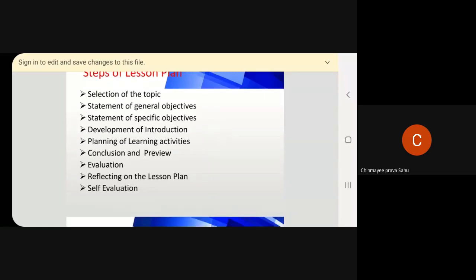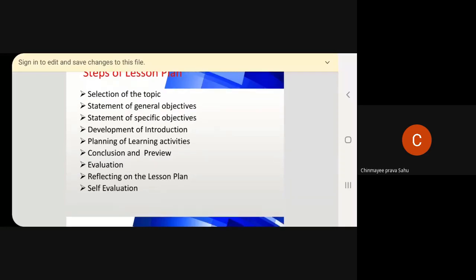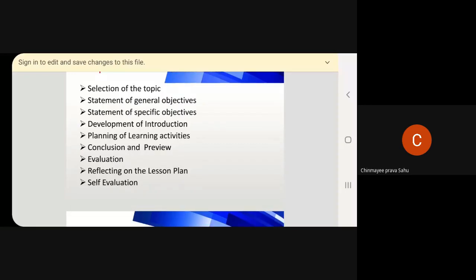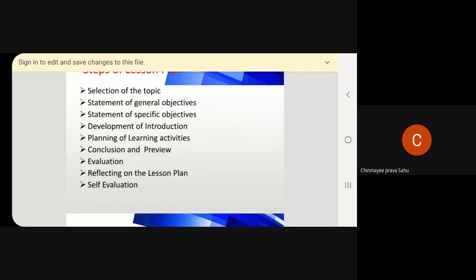Evaluation is at the end of the lesson plan, and at that time we have to frame the questions on the basis of the specific objectives we took at the beginning of the lesson plan. So if our specific objectives are clear in terms of action words, only then will we be able to frame questions on them.